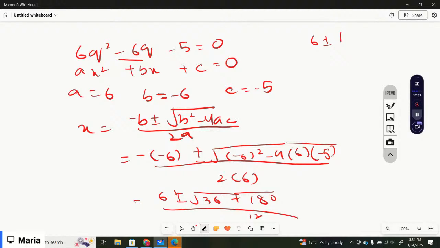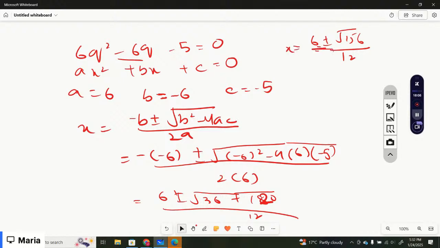6 plus minus square root of 180 plus 36 is... you have 120, not 180, right? So 120 plus 36 is 156 divided by 12.